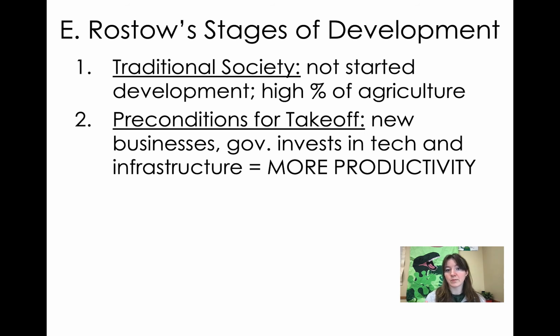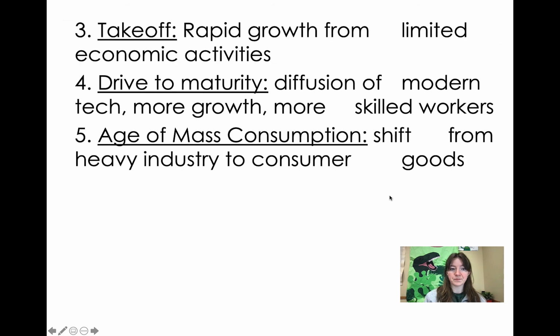Secondly, we get preconditions to take off, and again, thinking step model, and we're going to look at a picture, and it's in your textbook. Second step is the preconditions for takeoff. So we have new businesses, the government is investing in technology and infrastructure, and overall we're getting more productivity because not only are we investing in these things, but now we have people who are working at them, so they are becoming more productive.